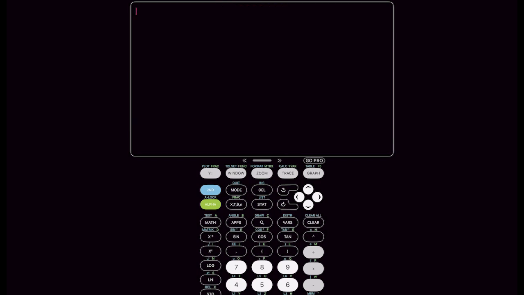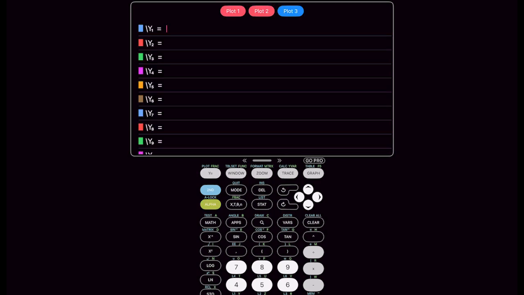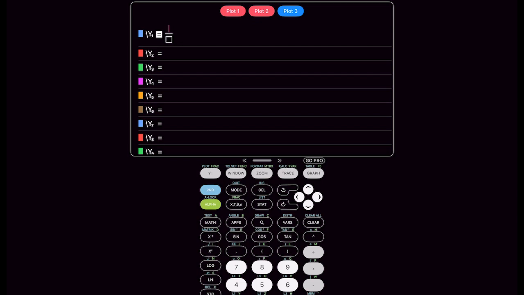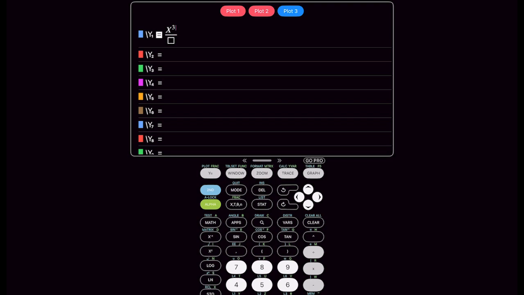Let me clear that. Okay, so we've got x and then cubed minus 2x squared. And then in my denominator, I have x minus 2.